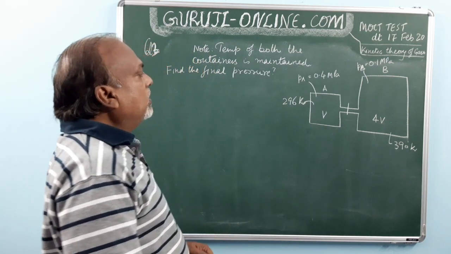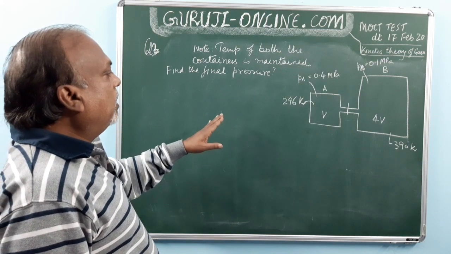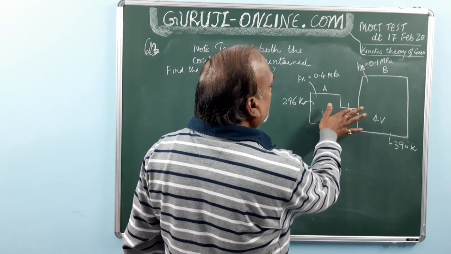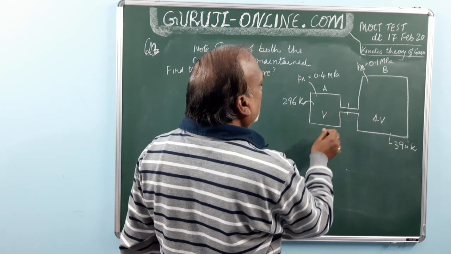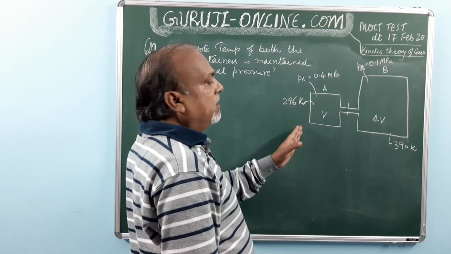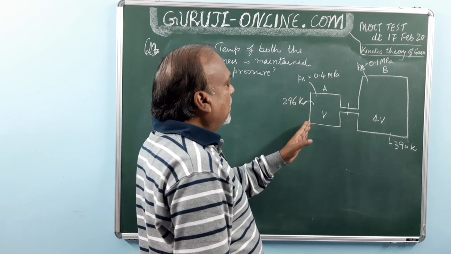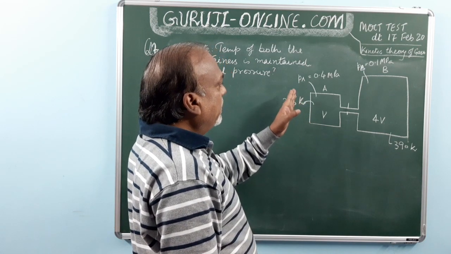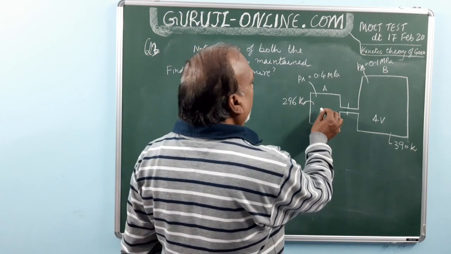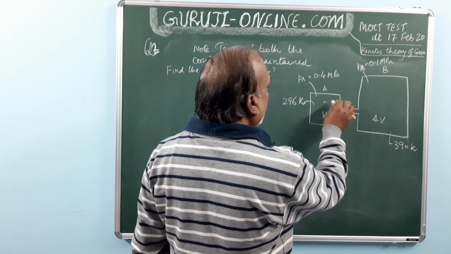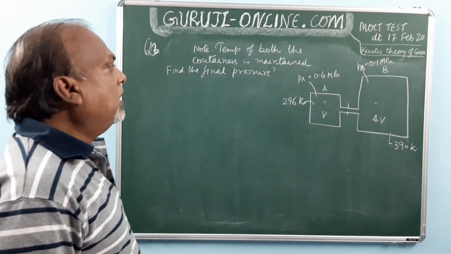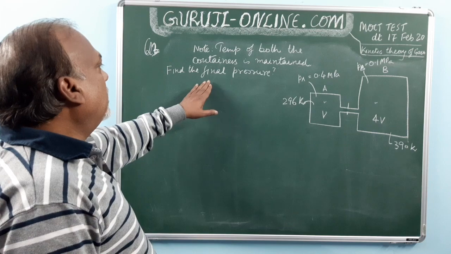Now, it says that suppose this is allowed to mix. Naturally, pressure will go from higher pressure, gas will diffuse from higher pressure to lower pressure, and a point will come when the pressure of this and this will equalize and the flow will stop, and we have to find that final pressure.